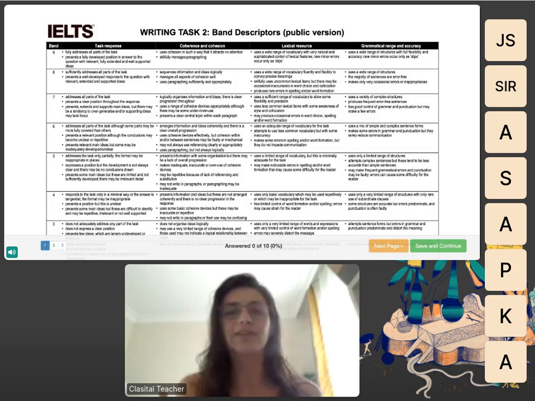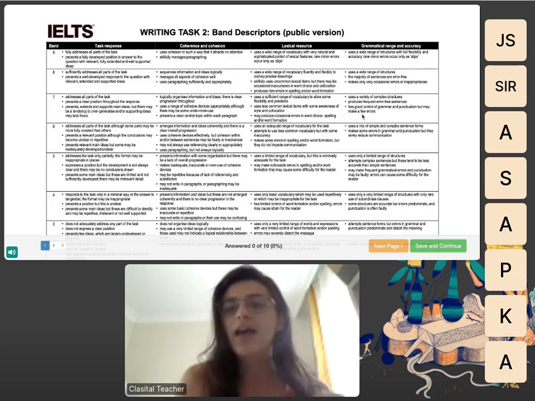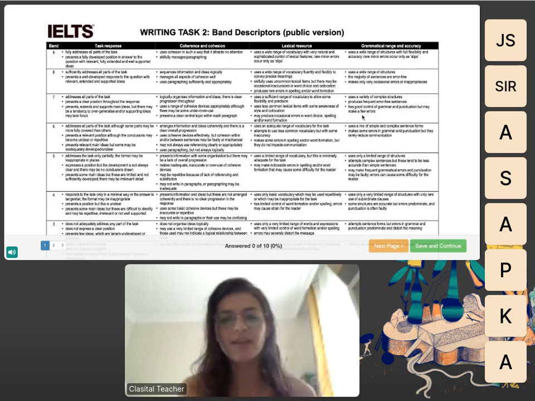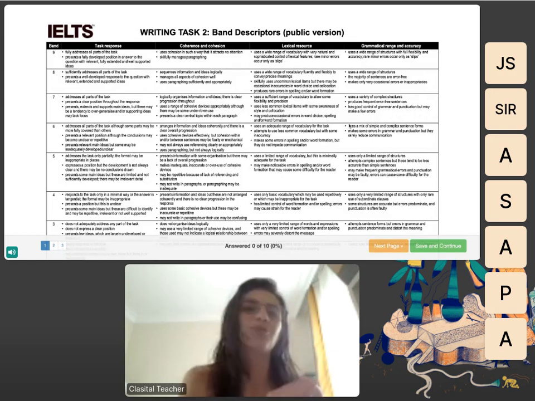So the examiner needs to still be able to understand what you're trying to say. You just made a few errors. And for grammatical range and accuracy, you need to use a wide variety of complex structures, produce frequent error-free sentences, and you need to have good control of grammar and punctuation, but may make a few errors.